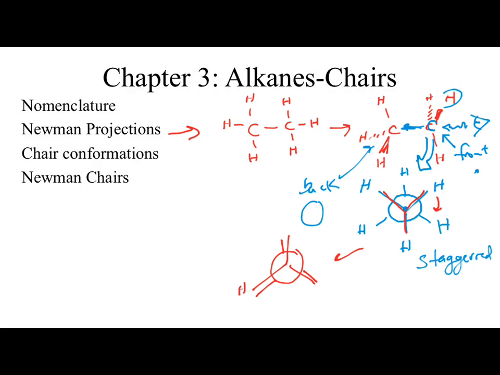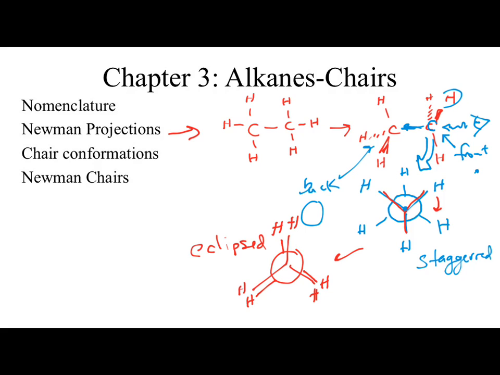If we were to draw this out, those bonds and atoms are now pretty much all overlapping each other. Or, said a little more fancily, they're eclipsed, or eclipsing. So what we've got is an eclipsed Newman projection. That would be our next Newman projection.